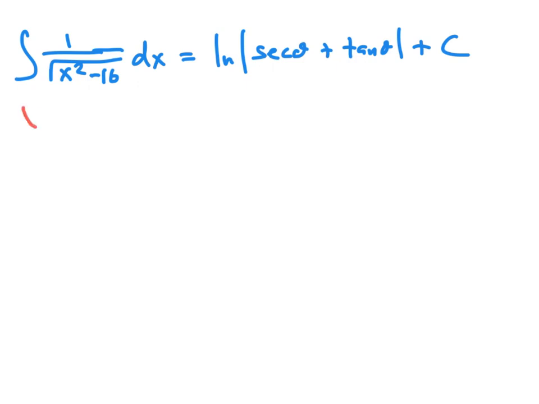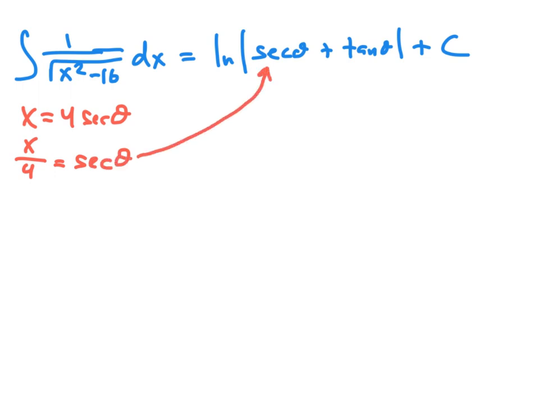So we recall that we made the substitution x equals 4 secant of theta. And from this, we divide by 4 to see that x over 4 is going to equal the secant of theta. And that is one of the two expressions that we needed to evaluate in terms of x. And so we can replace secant theta with x over 4. To find the tangent of theta, we're going to use a right triangle.